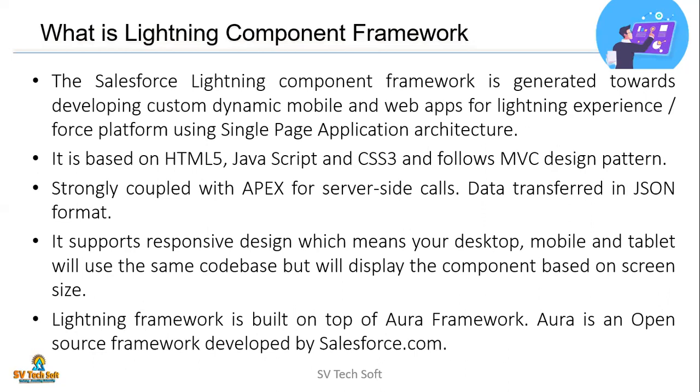Here, the data transformation happens in the form of JSON. For example, if you pass any data to the Apex server side, or get a list of data back to your Lightning component, sending and receiving happens in the format of JSON.